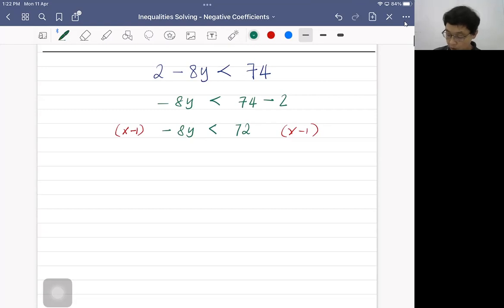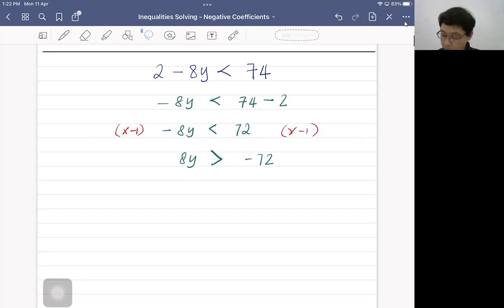So after multiplying, you're going to get 8y, and here you're going to get negative 72. If we didn't do anything and just maintained that, you're going to cause a false statement. So in order to maintain it, after multiplying by a negative, that's what we're going to do.